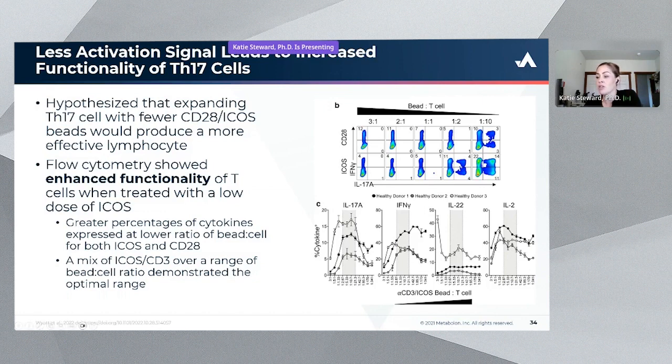They also looked at a wide range of ratios, all the way to 1 bead to 130 or 341 cells, but really that effective range was between the 1 to 4 3 and the 3 to 1 ratios, which demonstrated that middling range of production, or the highest range of production of those different cytokines that they were examining, and you can see that highlighted there in gray.